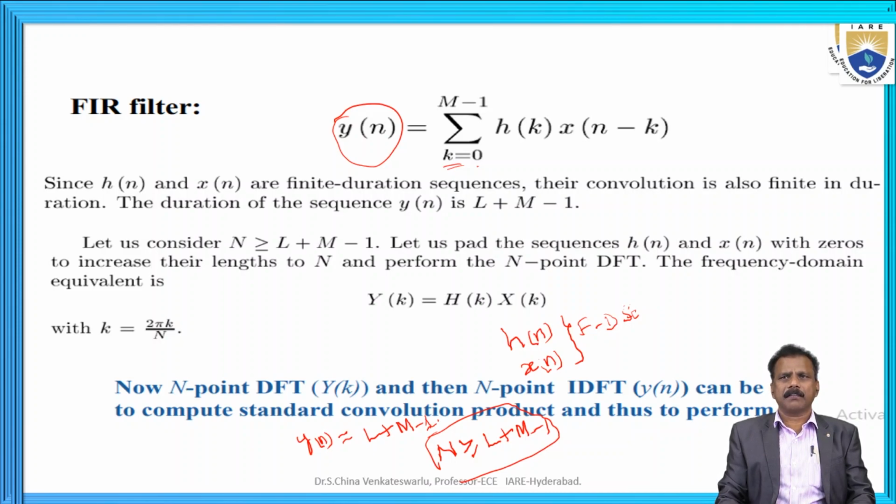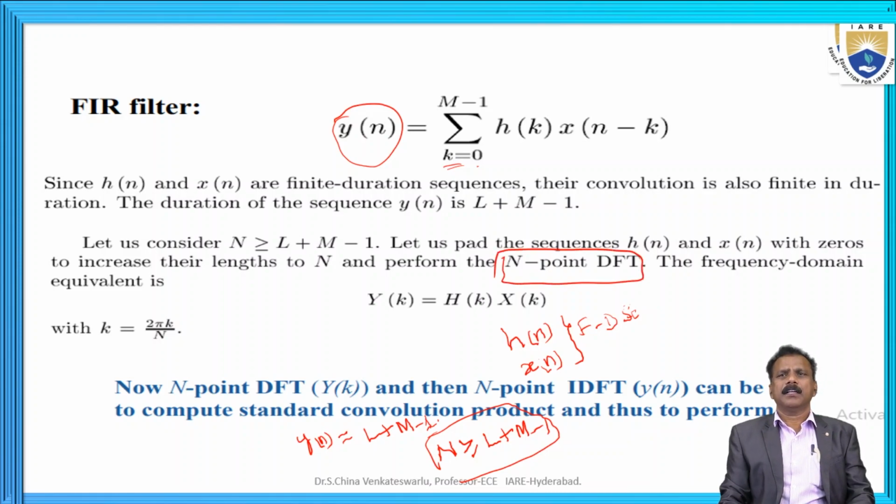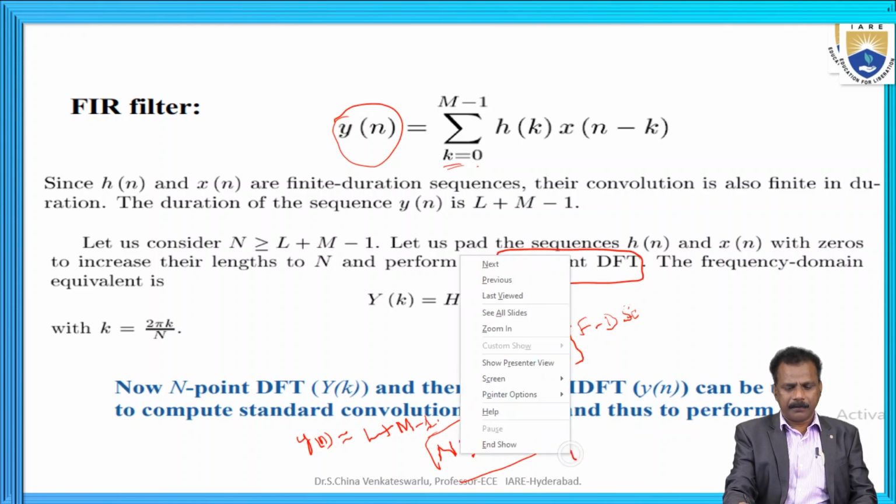Let us pad the sequences h of n and x of n with zeros to increase their length to capital N and perform the N-point DFT. So this is the background of the N-point DFT. The frequency domain equivalent is where we have to verify that Y of k.